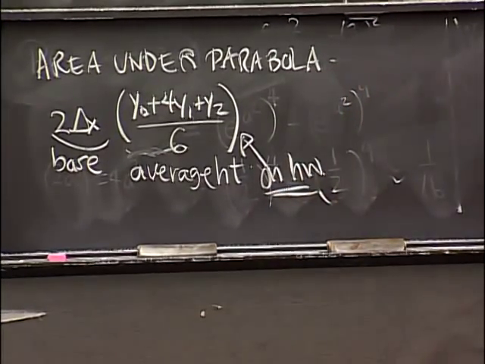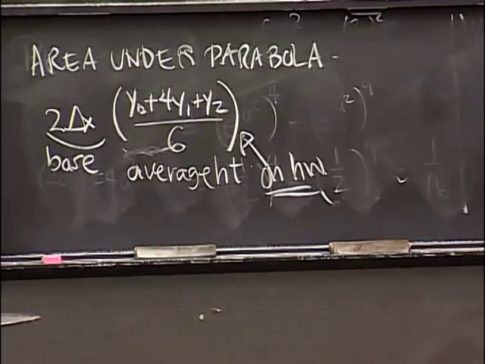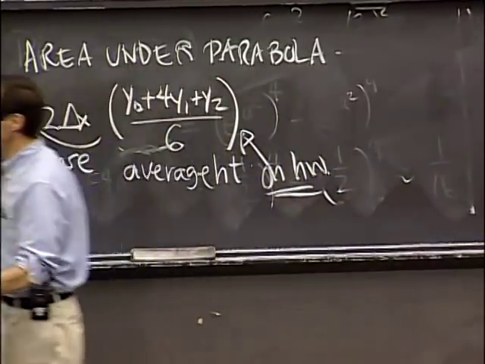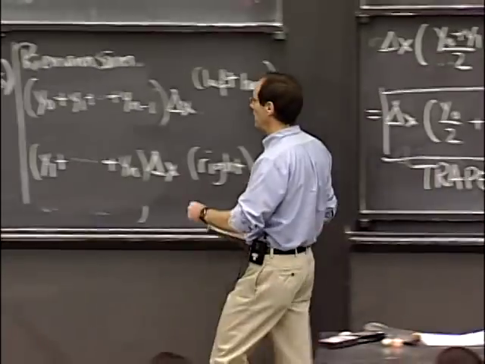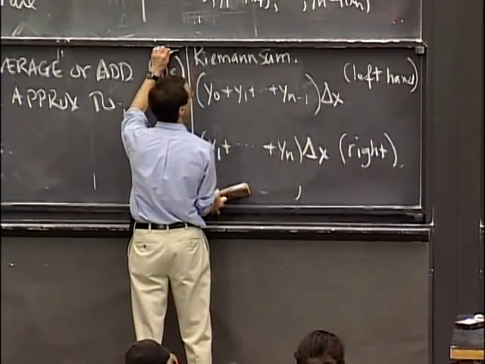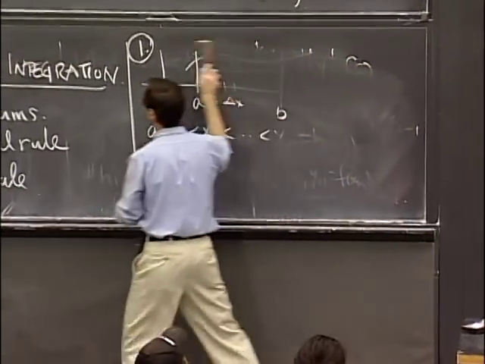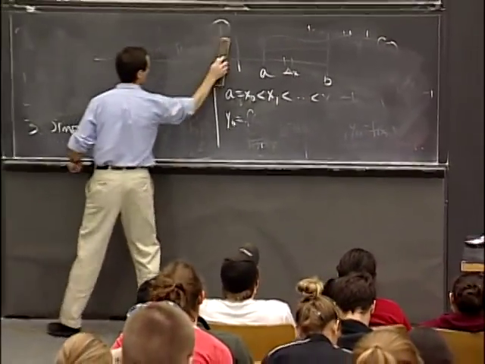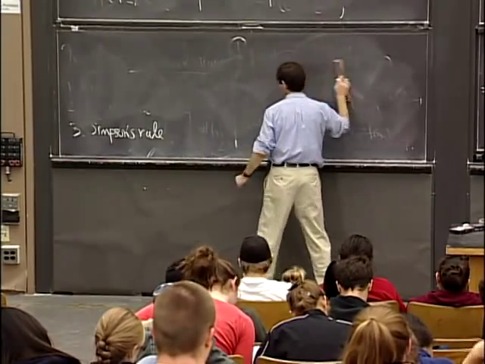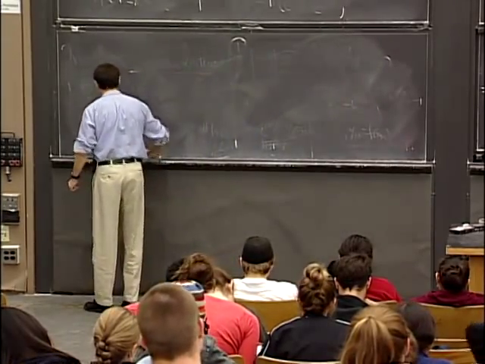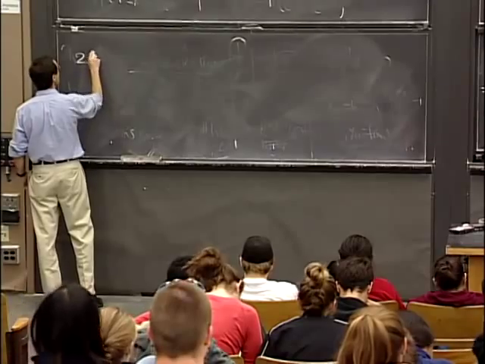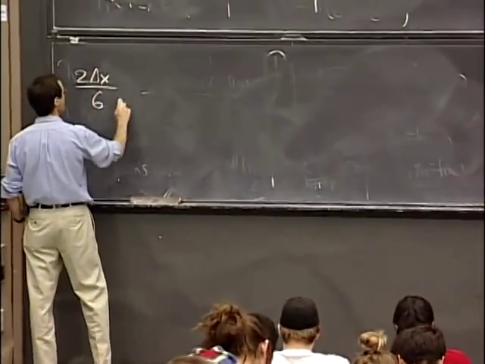All right, so this is a computation which is on your homework. And now we can put this together for the full Simpson's rule formula, which I'll put up over here. We have here 2 delta x, and we divide by 6.